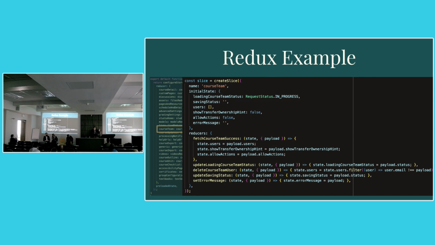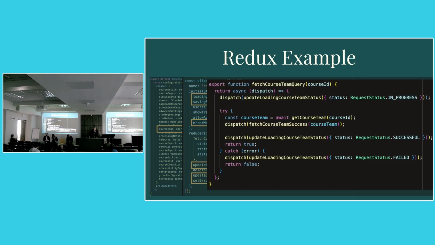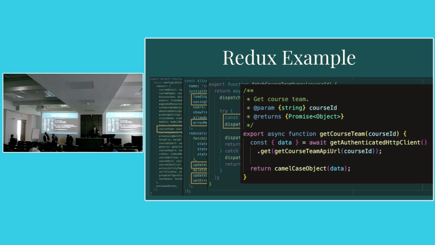So here's a slice which defines how to fetch the course team. I'm going to skip through, but the point is this is a lot of boilerplate that's saying we're going to fetch the course team, we're fetching the course team, we fetch the course team, and then we store it in the store. Here's the core part of the Redux code for this, which is actually using an HTTP client to make a REST request to the server and get that list of users back.